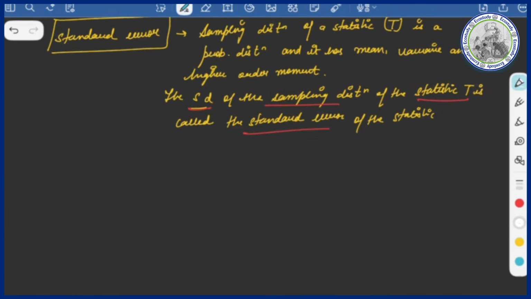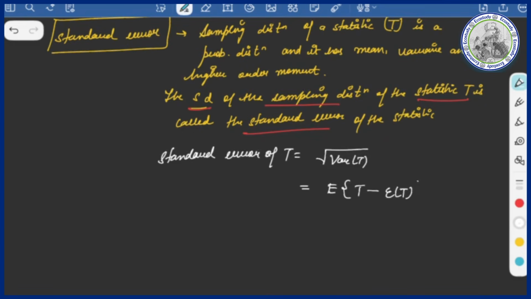And how will you define the standard error? The standard error can be defined as the square root of the variance of T, that is nothing but the expectation of T minus expectation of T, squared, to the power half. So this is your standard error.